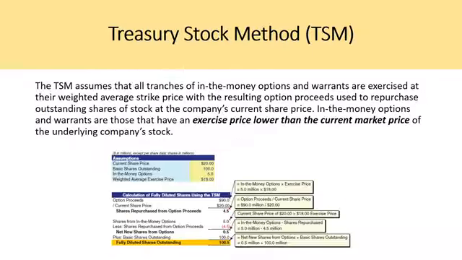The TSM assumes that all tranches of in-the-money options and warrants are exercised at their weighted average strike price, with the resulting option proceeds used to purchase outstanding shares of stock at the company's current share price. In-the-money options and warrants are those that have an exercise price lower than the current market price of the underlying company's stock.